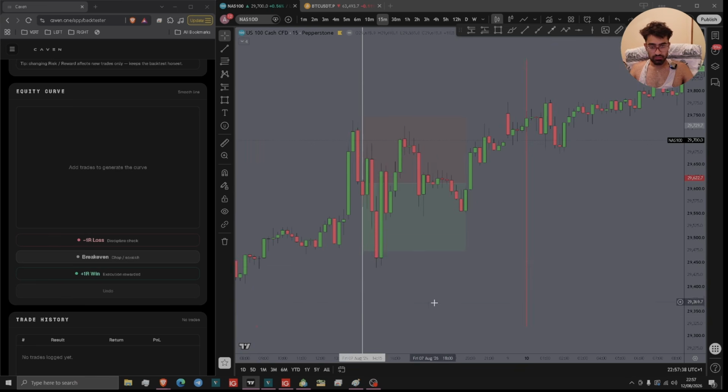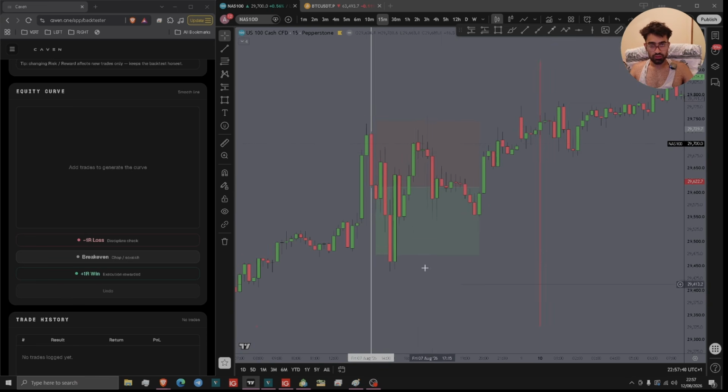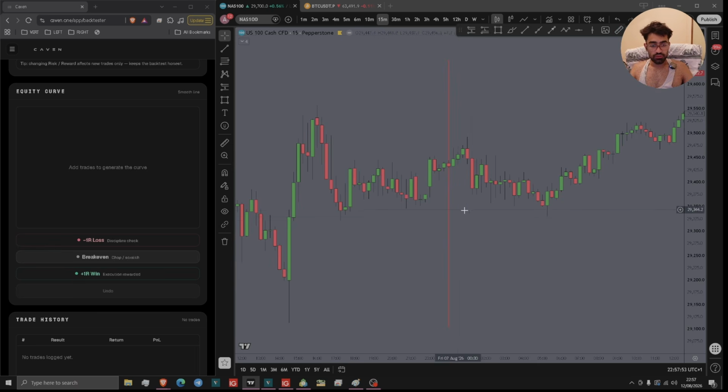Okay, let's apply the same full process here. 2 o'clock candle, 1, 2, 3, lowest point, highest point. I think this would be invalidated. The range is 200 pips, no trade. Let's go to the day before that.